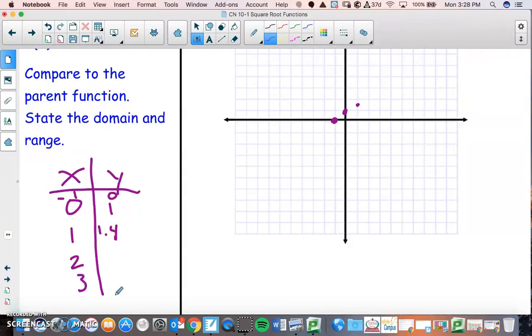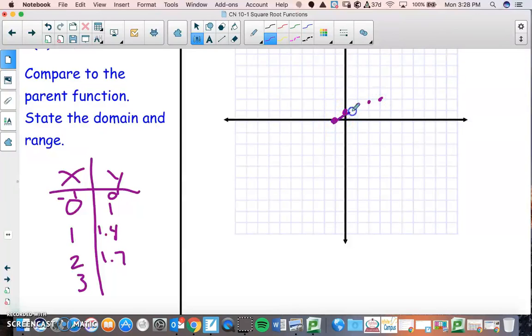It's about 1.7, so a little bit higher up. And then 3 plus 1 is 4, so that's going to be a 2.